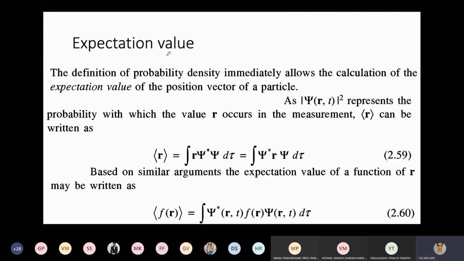So for the expectation value of the position vector of a particle, one can simply multiply the position vector by this probability integral, or whatever you call this normalization integral. So the expectation value of r, we generally denote it between these square brackets. Now whatever quantity you have, you take these brackets and it will give you the expectation value of that particular quantity.